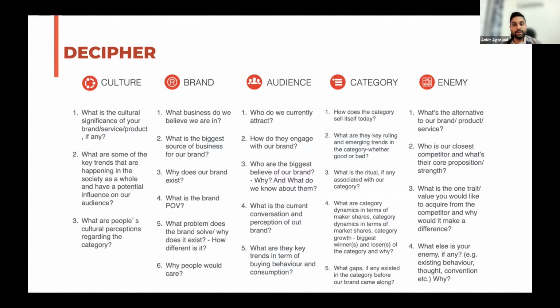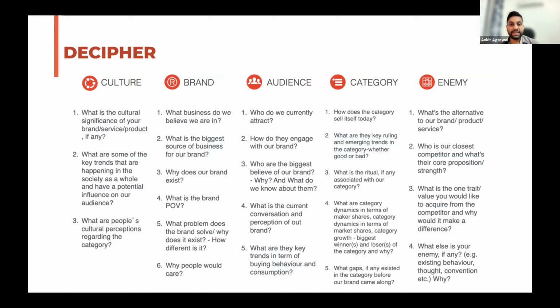Now, the trend which is happening in the Indian context is you have a lot of chai lovers, and there's fitness being taken up very, very seriously, especially in the target audience that we're speaking about. So for chai lovers, you have a fitter or healthier option, which is green tea. But for coffee lovers, there's nothing called a decaf coffee yet available in the market, right? So that's one of the key trends that you can pick up for this particular brand that I'm speaking about, right? So what you need to do is think about these points and think about your particular brand and understand what is it that you can portray here, right?